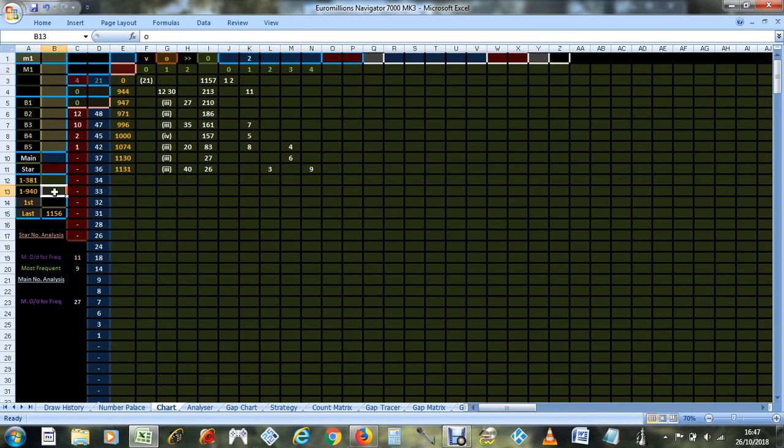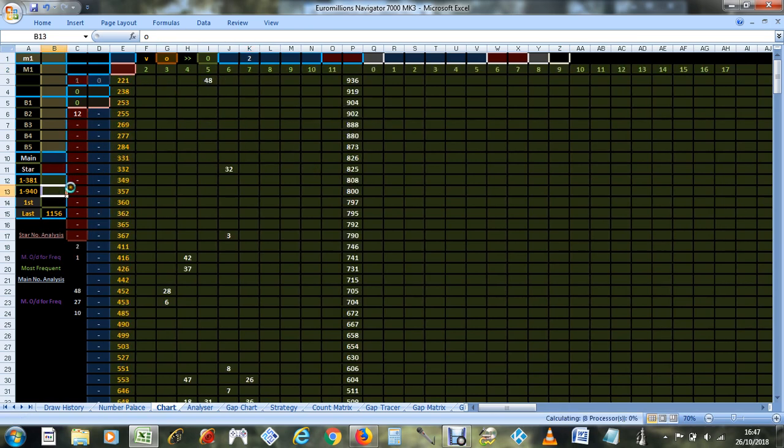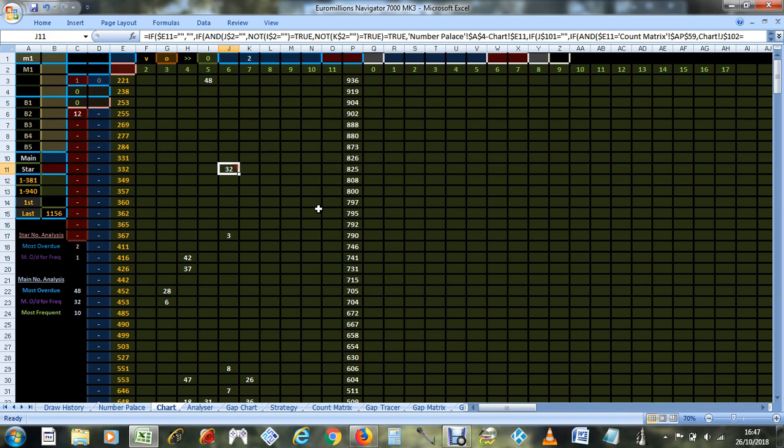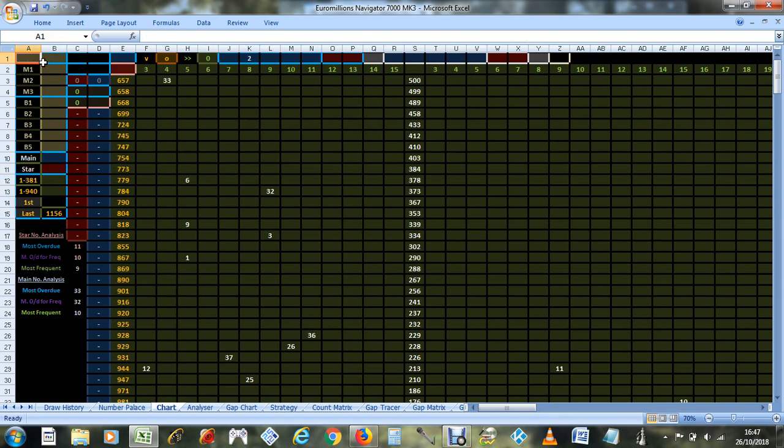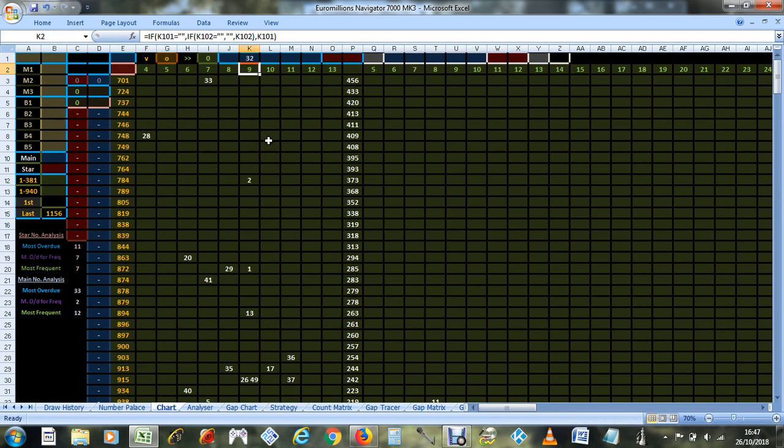So on the chart for main number 2, you can see 32 most overdue for its frequency, and it's the same when we look at all machines. And when I looked at number 32, you could have noticed that 2 was most overdue for its frequency on that.